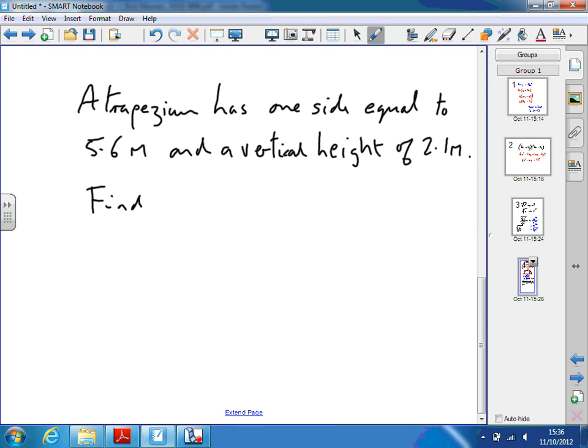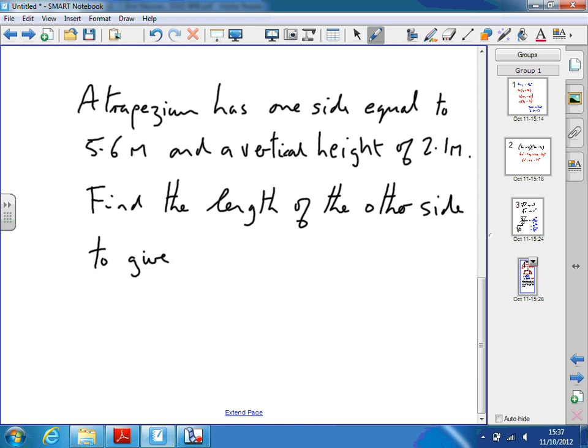Find the length of the other side to give an area of 9.8 square meters.